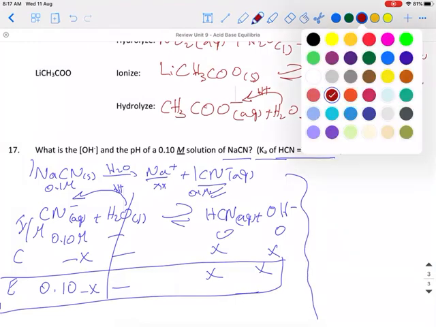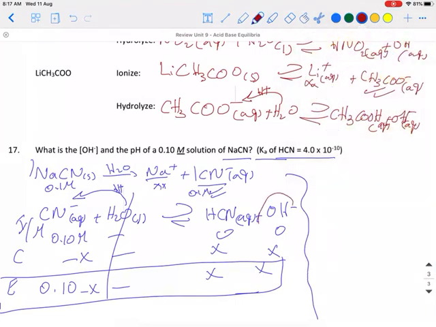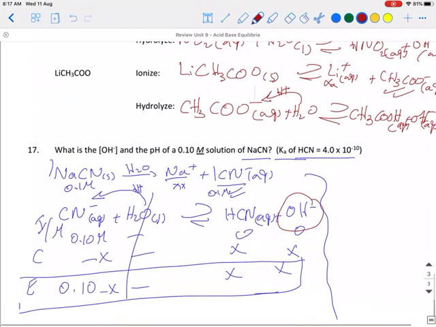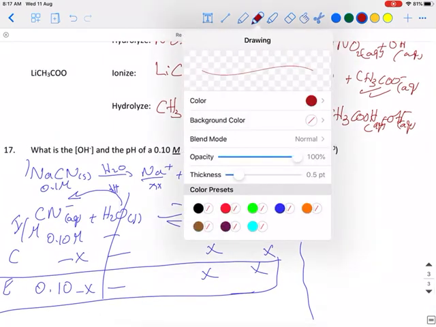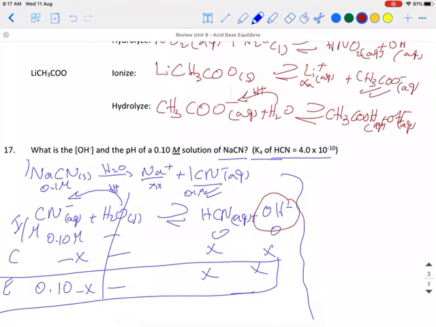So at equilibrium, I can write the Kb. Pay attention, it's not Ka, it's Kb. Why? Because here there is liberation of OH minus, indicating that NaCN is a basic salt. How to find Kb from Ka? We know that Ka times Kb equals 10 negative 14.